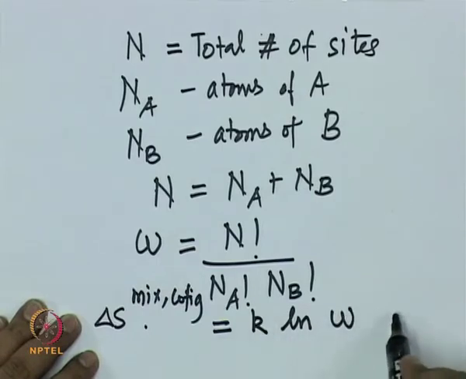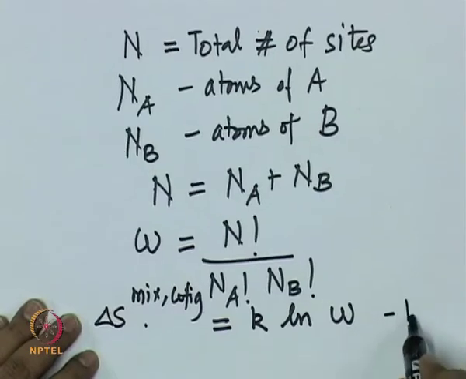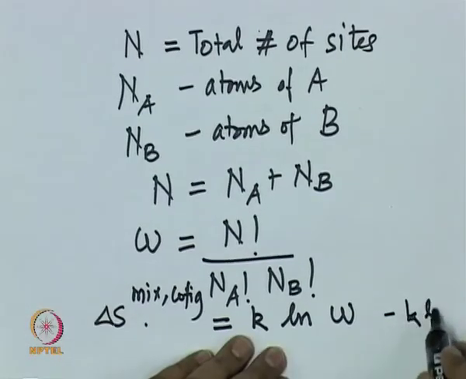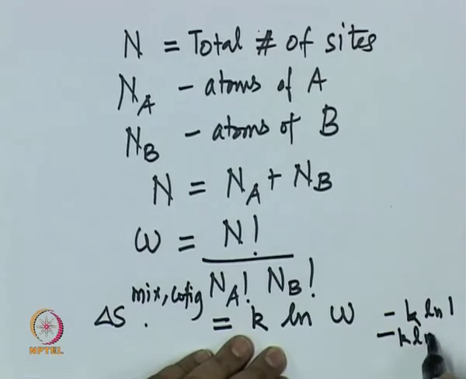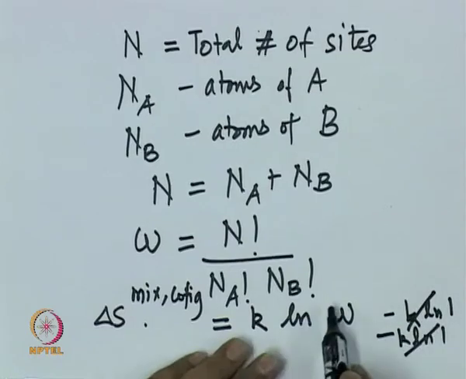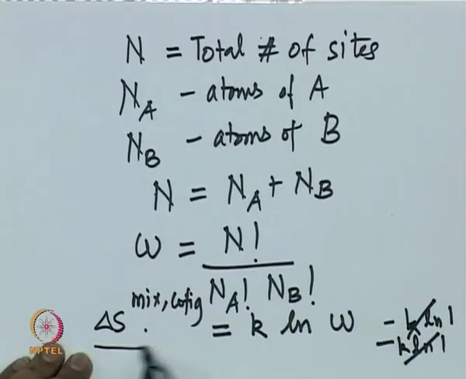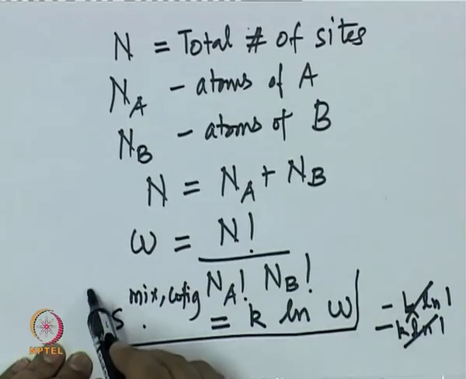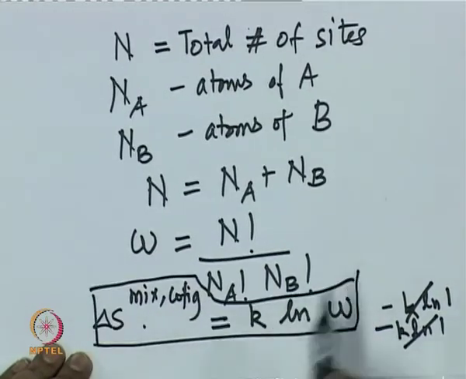Because the other omega is 1, so ln 1 is 0. There is a minus k ln 1 kind of term, another minus k ln 1, one for A type of atoms, another for B type of atoms, and these are all 0. So, this is all we have as the delta S mix of configurational entropy.